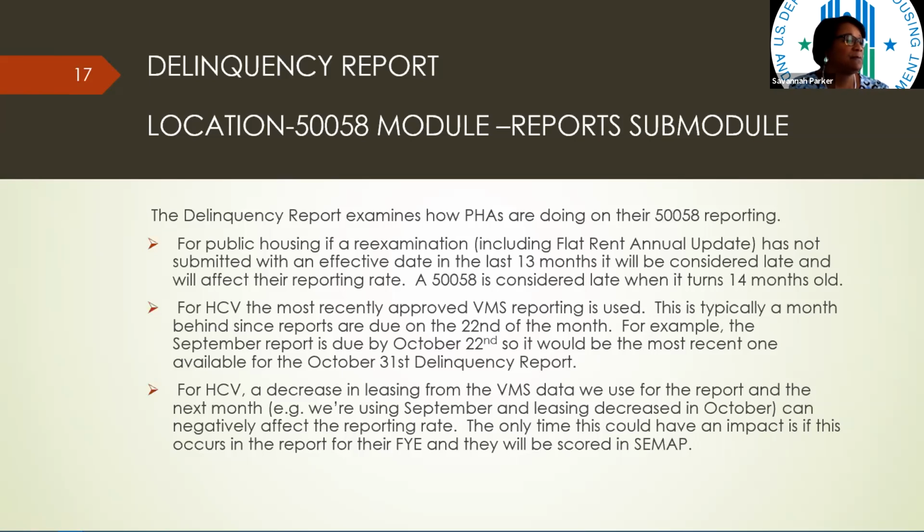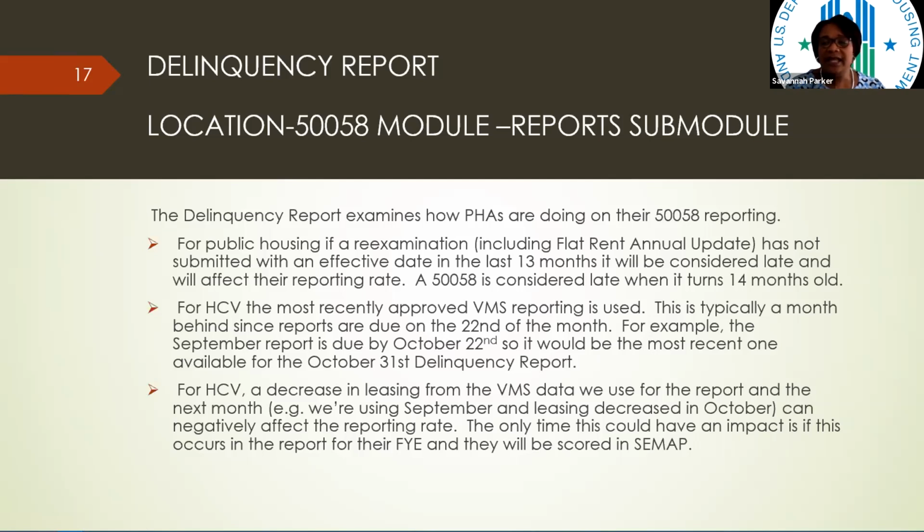For the Housing Choice Voucher Program, data is pulled from the VMS system, and VMS is typically a month behind the monthly summarization reports because of the way that the VMS data is reported in that system.